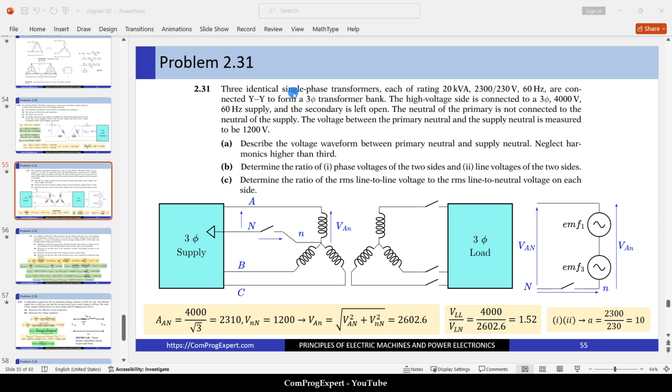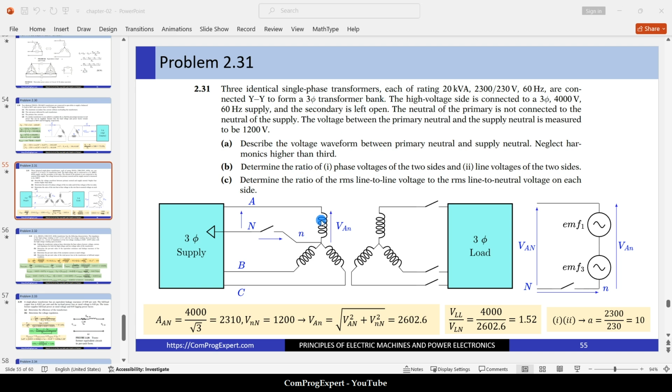Three identical single-phase transformers, each of rating 20 kVA, 2300 to 230 volts, 60 Hz, are connected in YY configuration to form a three-phase transformer bank.